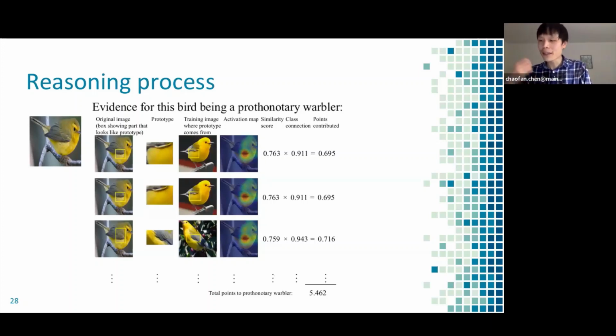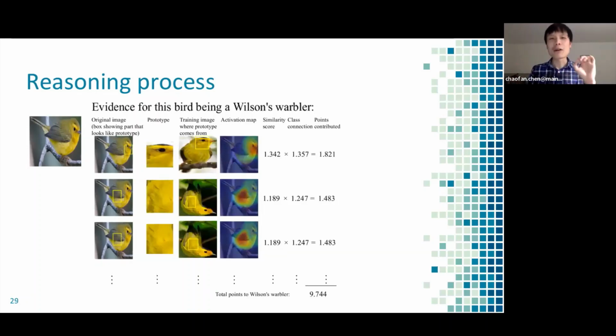And I want to show you another example, another reasoning process, because I want to show you what happens when a network makes a mistake in this case. Okay, so for the same test image with a different ProtoPNet model, in this particular case, this is the highest score class, right? It's the same test image.